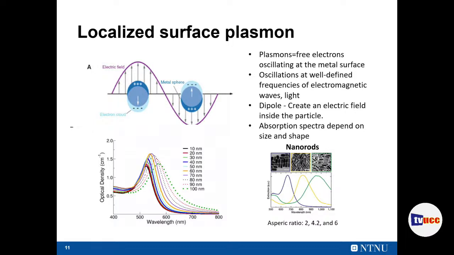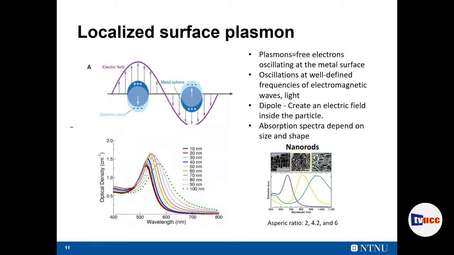So if we now hit these particles with electromagnetic waves, for instance light at a certain frequency, they will start oscillating, and you can see here how the electrons move in the electromagnetic field. So it becomes like a dipole, creating this electric field inside the particle.